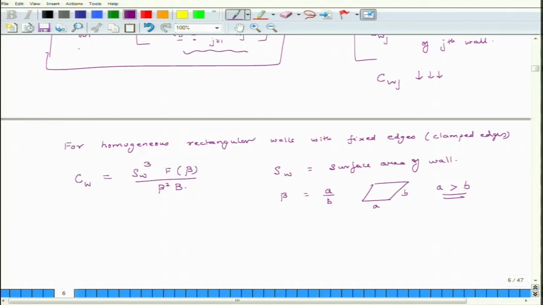So, whichever number is larger you make that A, and the other number is B. Okay.